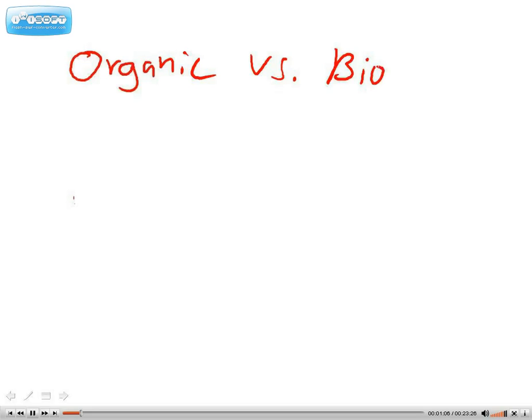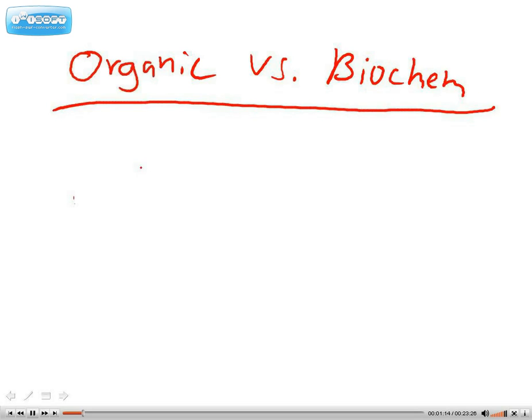So, first off, let's go ahead and make a very crude distinction between the organic versus biochem molecules. I could give you a Fischer projection like this, in which case you have a chlorine, iodine, fluorine present.